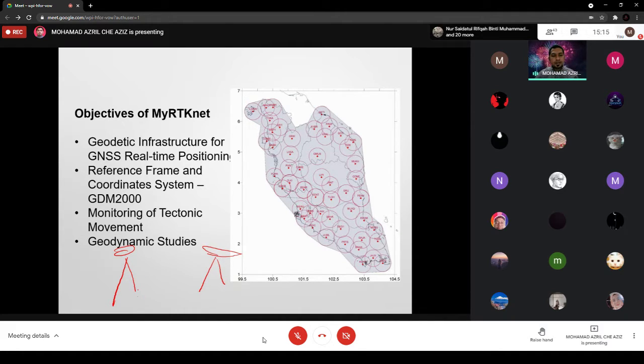So the GPS equipment will be set up like this. For example, you have two points. The previous one will be labeled as a base, and then another one will be labeled as a rover.